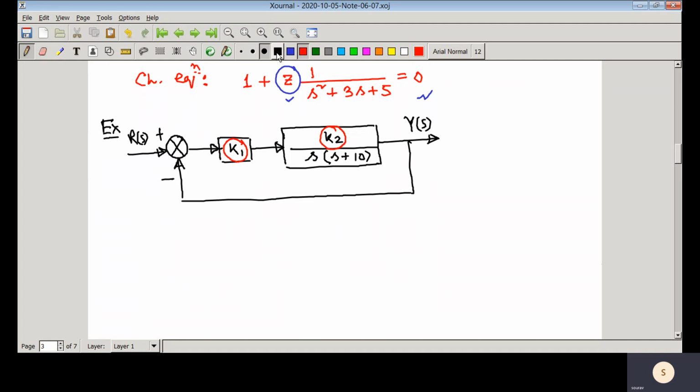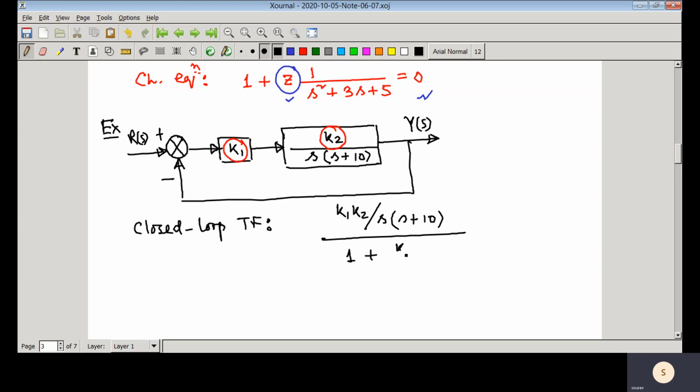If we first write the closed loop transfer function, we get k1 k2 divided by s plus 10, and then 1 plus k1 k2 divided by s plus 10.